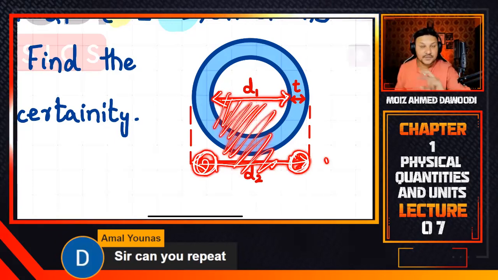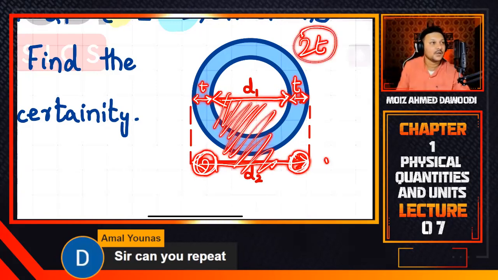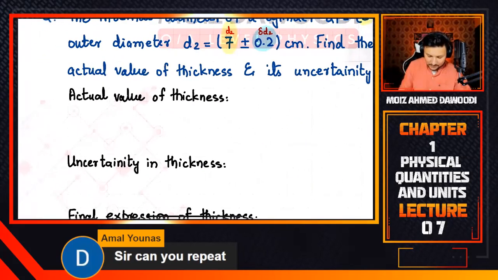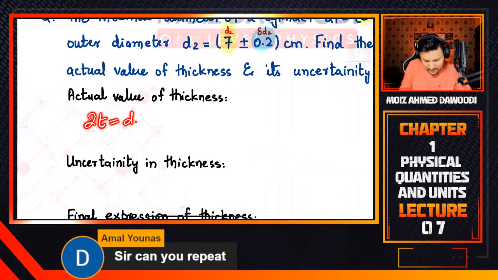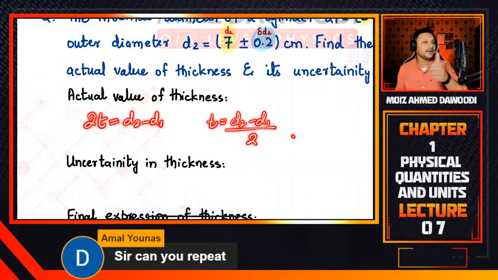That is twice of thickness. एक थिकनेस यहां पर आ रही है, एक थिकनेस यहां पर आ रही है. तो थिकनेस एंड थिकनेस, it is twice of thickness. तो you can write it as twice of thickness is D2 minus D1, or you can write it as thickness equals to D2 minus D1 upon 2. Understood, Amal? And the rest of you all? Clear हो गया ये? Perfect.